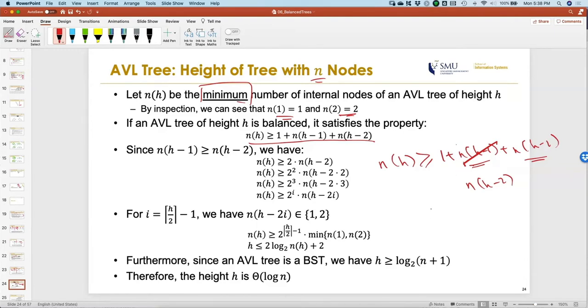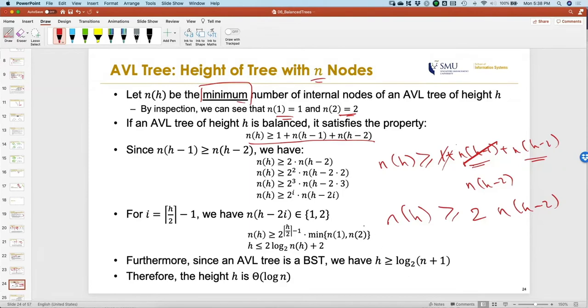And I can make the right-hand side even smaller by removing the 1, and the inequality will still hold, because I'm just lowering the right-hand side even further. So at this point, we can write that nh is greater than 2 times nh minus 2.